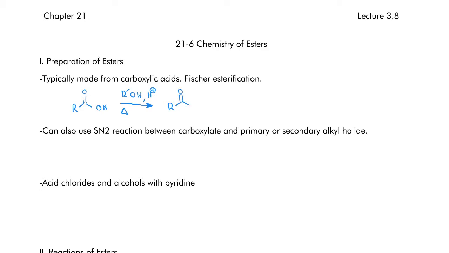That will produce the ester, usually in great yields. There are some limitations because of the availability of complex alcohols or the carboxylic acid component, but this is definitely a reliable and effective way of making esters. We can also use the SN2 reaction between a carboxylate and a primary or secondary alkyl halide to make an ester.